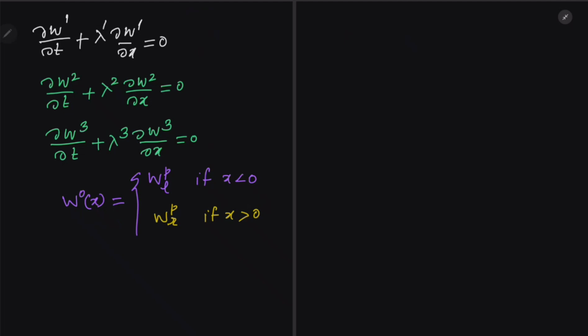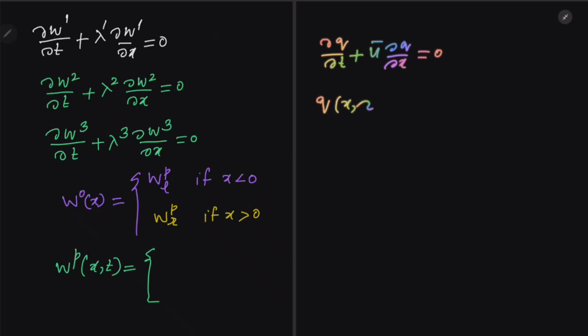So the solution becomes WP of x, t. Remember, I have to repeat this again. Partial Q by partial t plus U bar partial Q by partial x is equal to 0. Q of x, 0 is Q left if x is less than 0, and Q right if x is greater than 0.